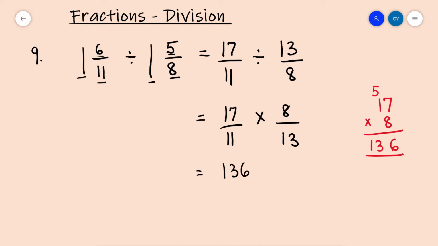Then 11 times 13. 3 times 1, 3, 3 times 1, 3, 1 times 1, 1, 1 times 1, 1. So we have 3, 4, 1. So we have 143. So that is 136 over 143.